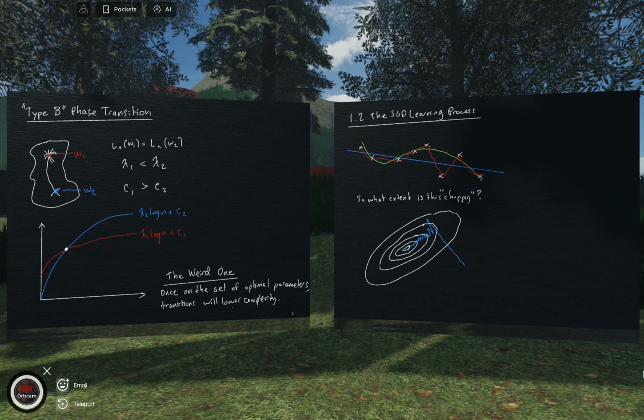Because it's exponential over long time periods, it basically first learns the first component, then the second component, and so on. So linear regression plus SGD means learning one component at a time.